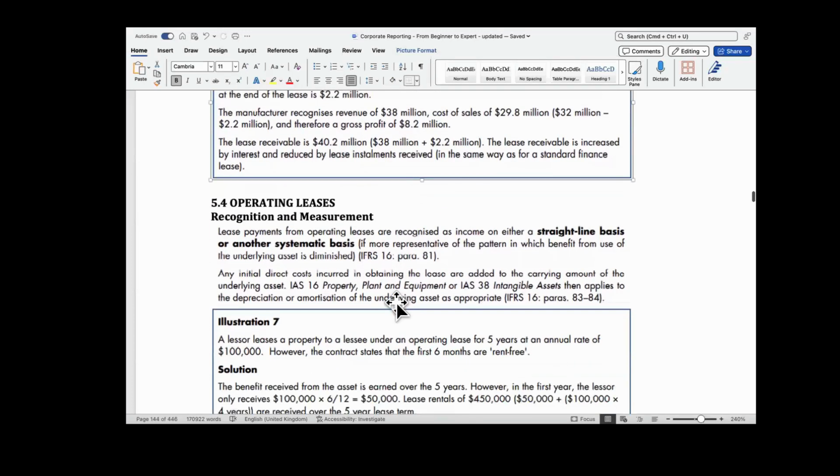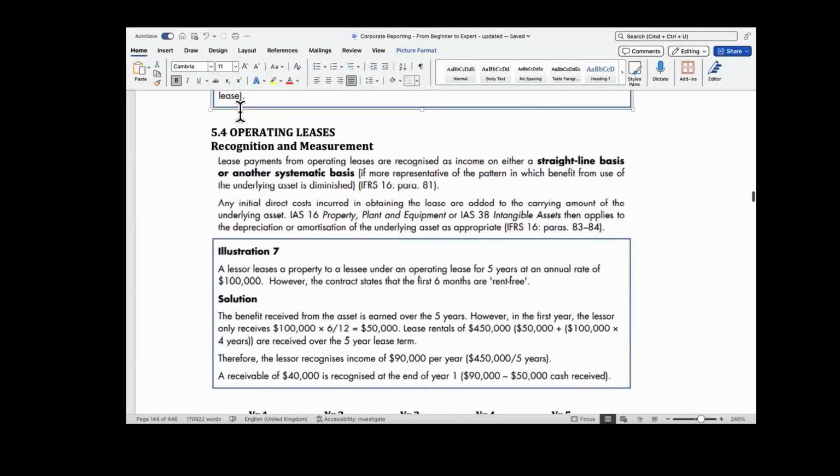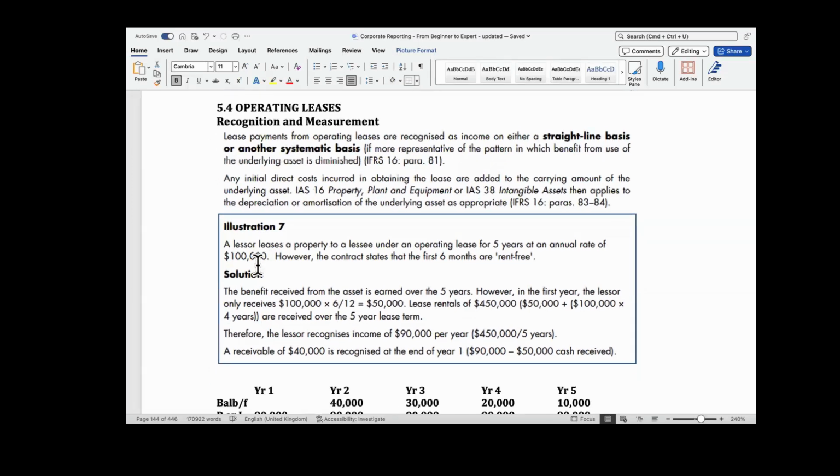I also explained operating lease. And I told you that this is recognized to P&L, that is the lease income to P&L on a straight line basis. Look at this illustration 7.